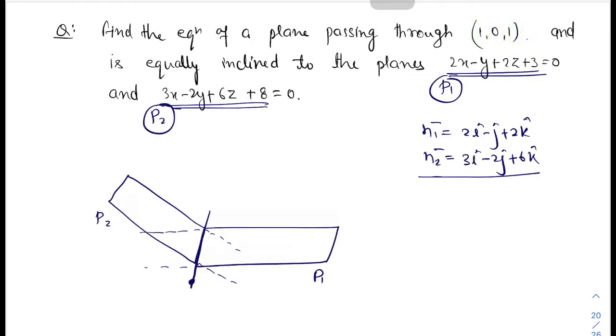It means obviously it is not lying on the line of intersection. So how to write the equation of such a plane which is equally inclined? That plane will not be passing through the line of intersection of P1 and P2. It will be something like that.